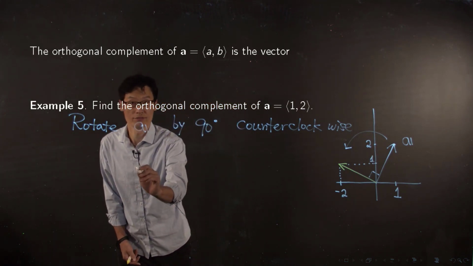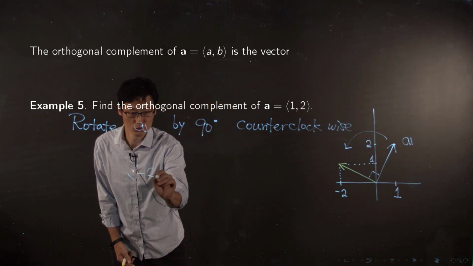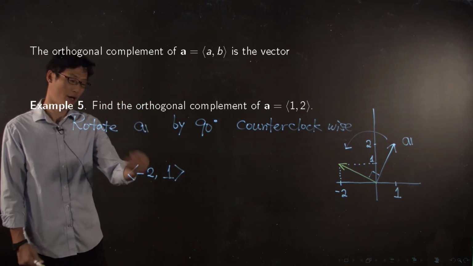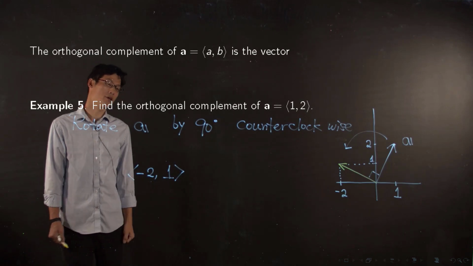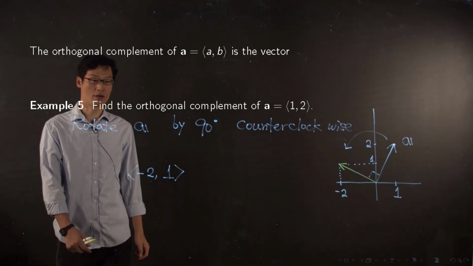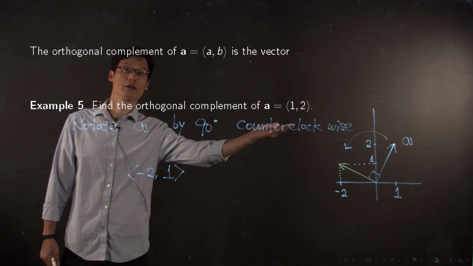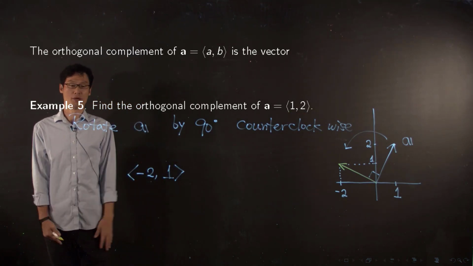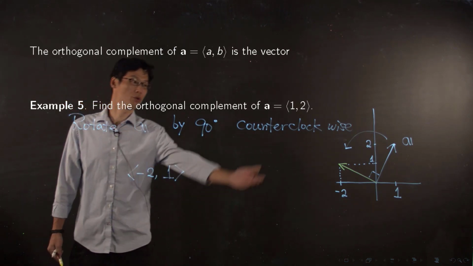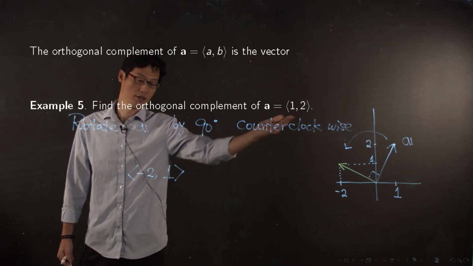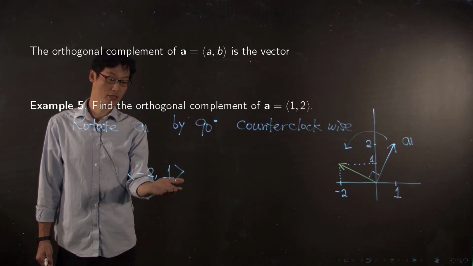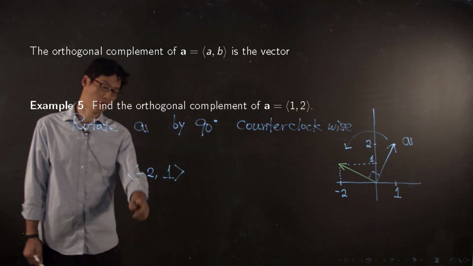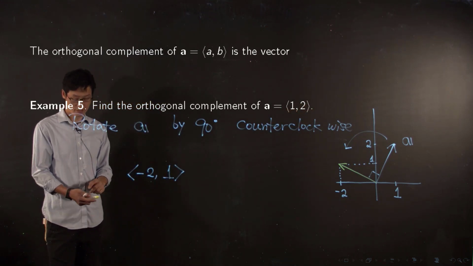So we have the vector (-2, 1). This is the result after we rotate this vector by 90 degrees counterclockwise. If you compare the coordinates, you see they are not random numbers. The first coordinate 1 here comes from the y coordinate, but you need to change the sign. That's it.